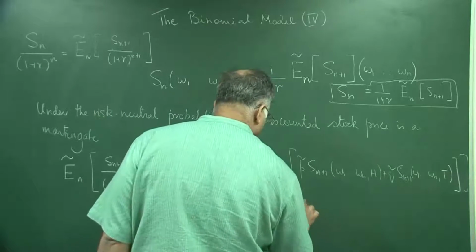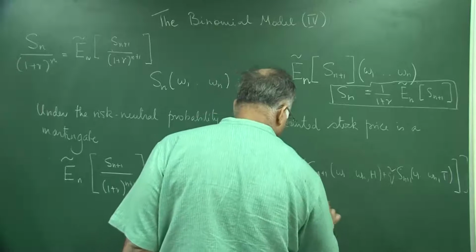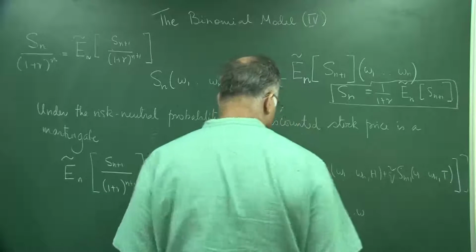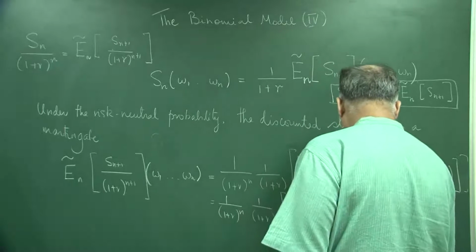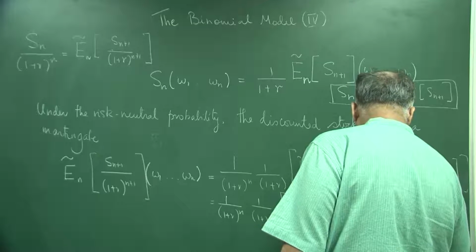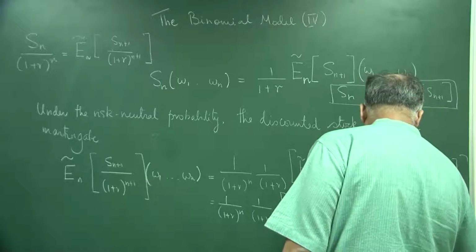So, you know this is p tilde u Sn omega 1 omega 2 omega n plus q tilde d Sn omega 1 omega 2 omega n.